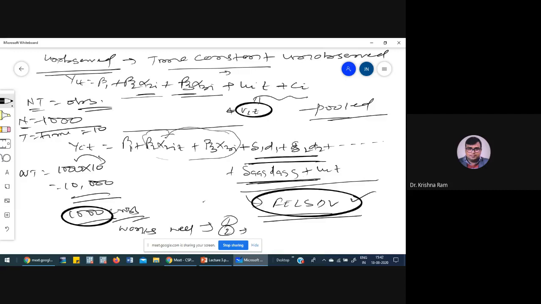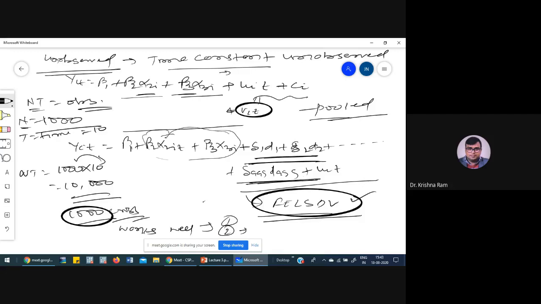Some are more efficient, some are less efficient, probably because of the managerial capacity of that firm, or the workers of that firm are more efficient. In an individual case, maybe one person is more able because he or she is more intelligent.